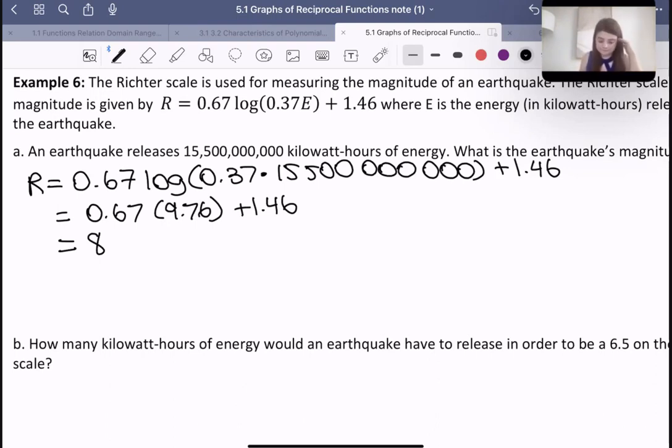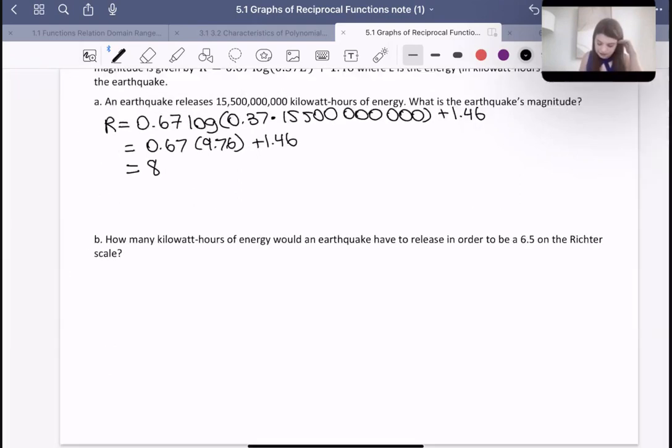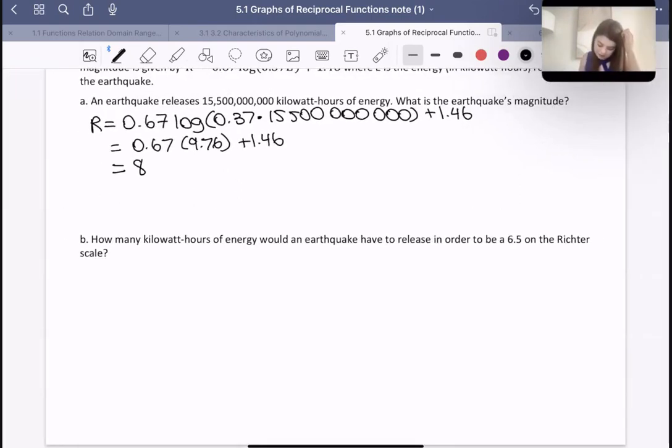Okay. Then B asks, how many kilowatt hours of energy would an earthquake have to release in order to be a 6.5 on the Richter scale? In this case, we're going to need to use logarithms, because they're asking the opposite question. Previously, before learning about logarithms, I would have just said to use trial and error and give an approximation. In this case, we can actually solve directly using logarithms, using that function on our calculators.